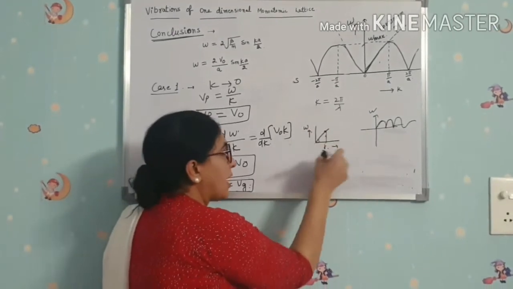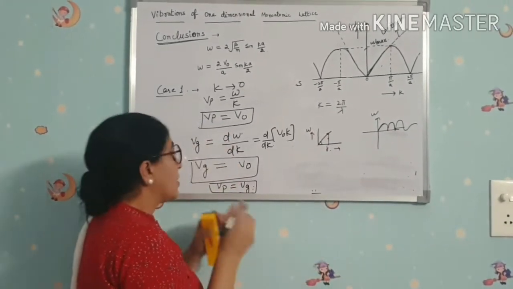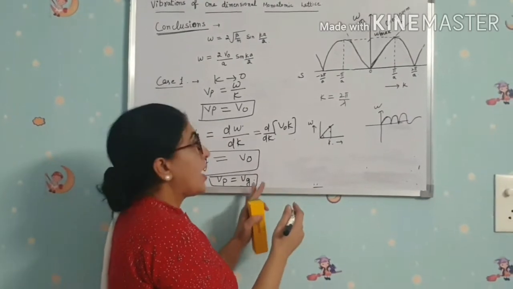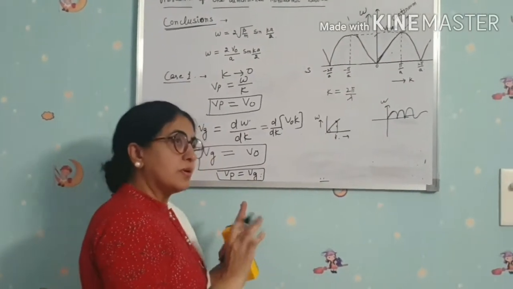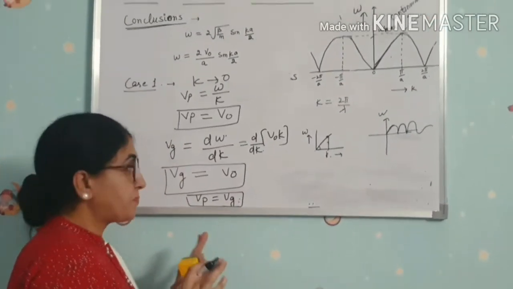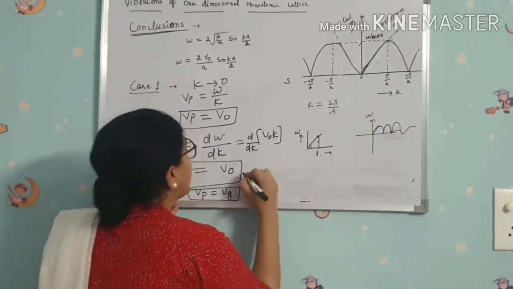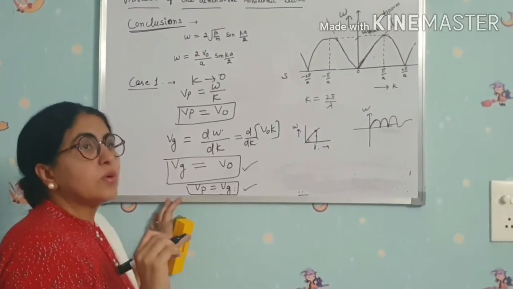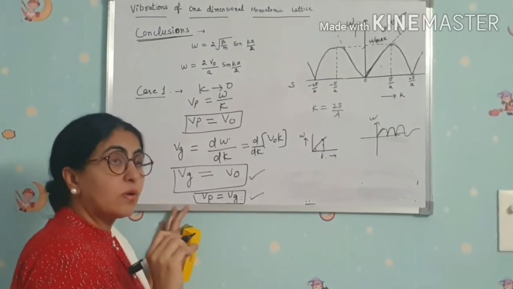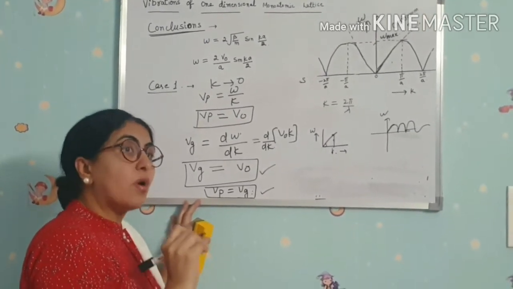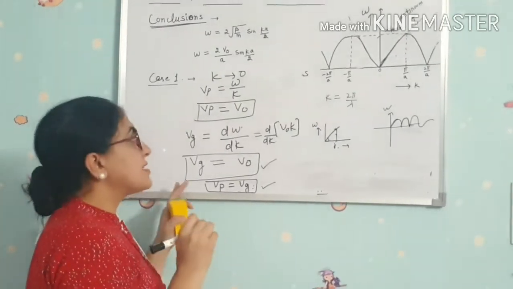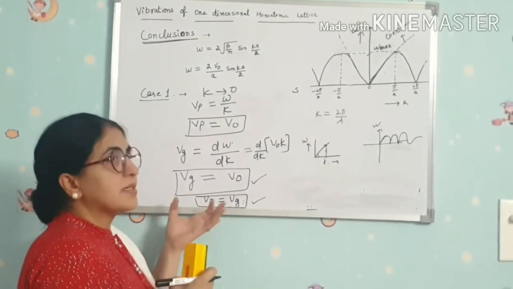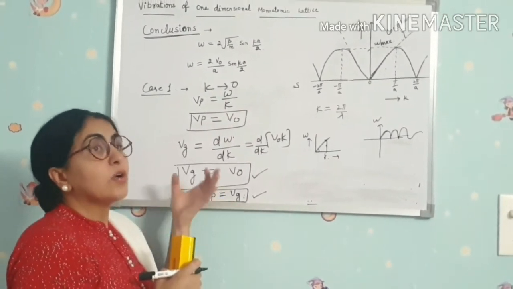So from the graph we can also say that the group velocity and phase velocity up to this point are the same. Clear? So when group velocity and phase velocity are the same, there is no dispersion. The medium is non-dispersive, or we can say the lattice behaves like a continuum.